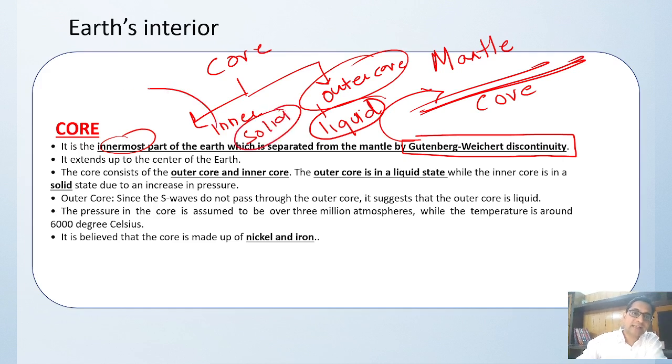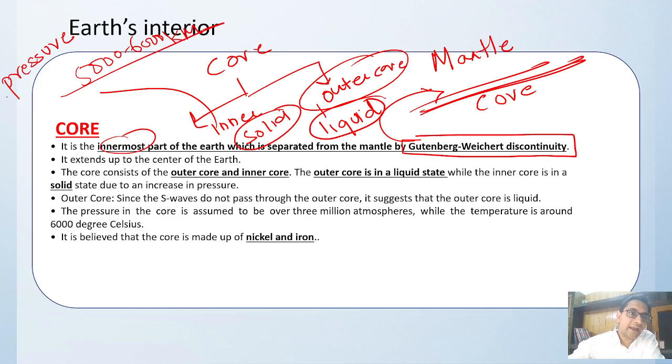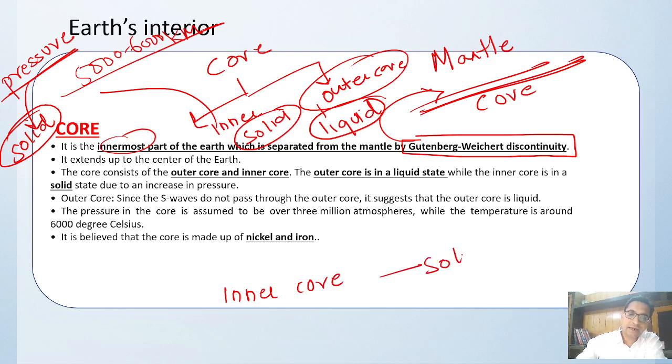The main reason is that at inner core we are around 5,000 to 6,000 kilometers below the earth's surface. The pressure is so high that anything there becomes solid, because of the increased pressure. So inner core is solid in nature and outer core is liquid in nature.